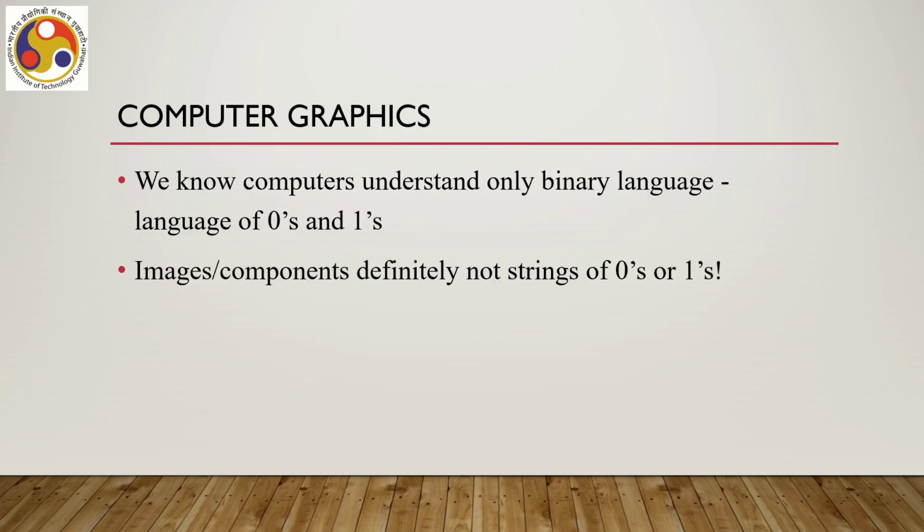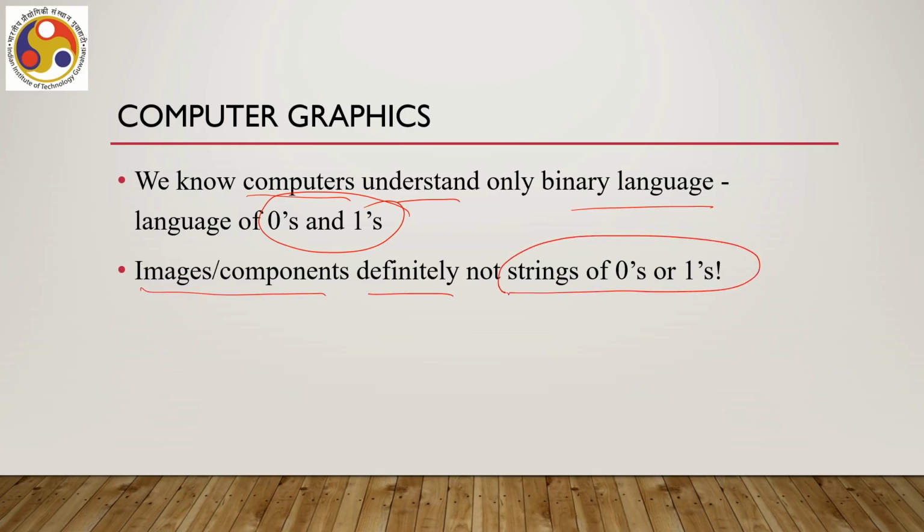Now, we know that computers understand only binary language, that is, the language of zeros and ones, but images or components are definitely not strings of zeros and ones. So, when I see an image, it is not that I am seeing only strings of zeros and ones. I am seeing something with which we are familiar in the real world. But computers do not understand that; computers understand everything in the form of zeros and ones.